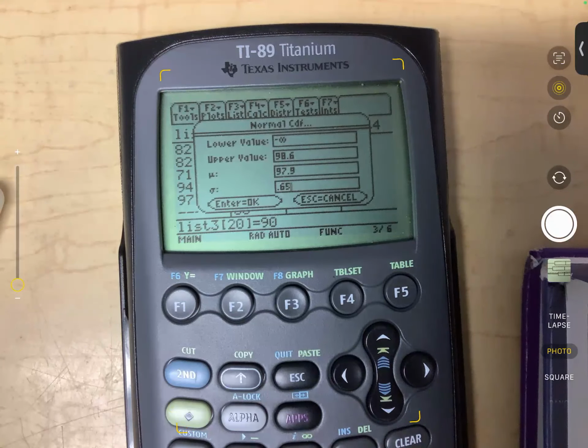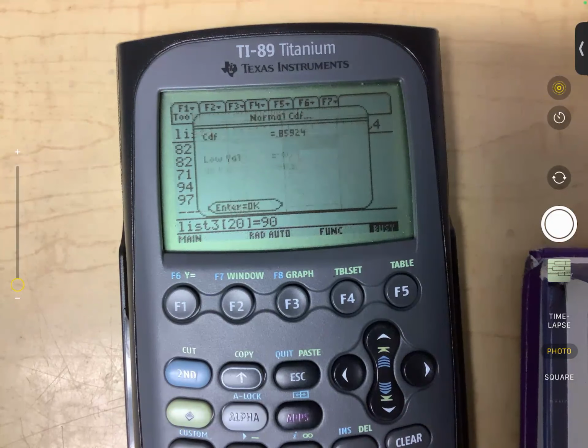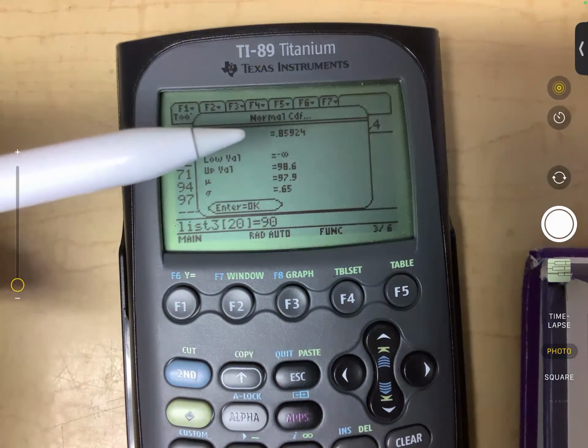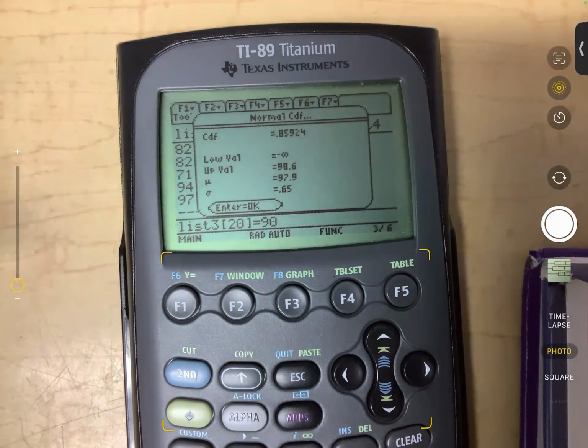Okay, now that we've got our numbers plugged in, we're just hitting enter. Actually, I might need to press that twice. And the result at the top is the proportion, or you could convert to a percent, of human temperatures that are actually less than 98.6.